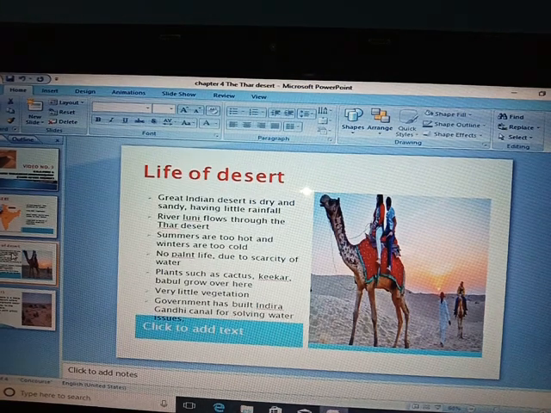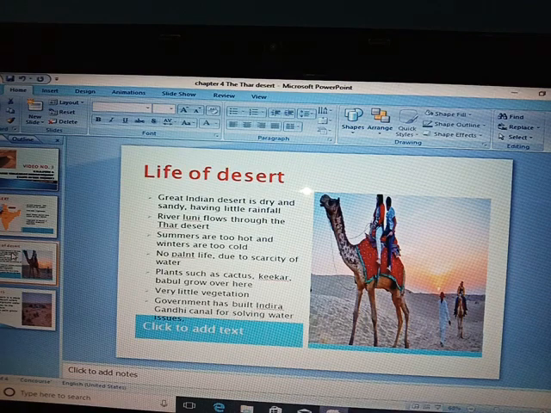The next point is that River Luni, the name of a river, flows through the Thar Desert. It starts from the Thar Desert, and only here does the River Luni flow. Now, life in this desert: during summers it is too hot, and during winters it is too cold.